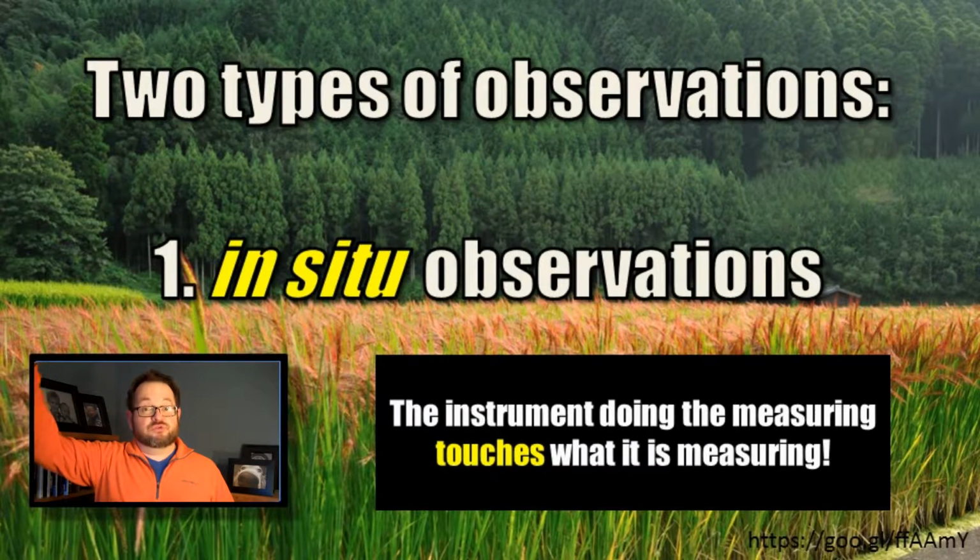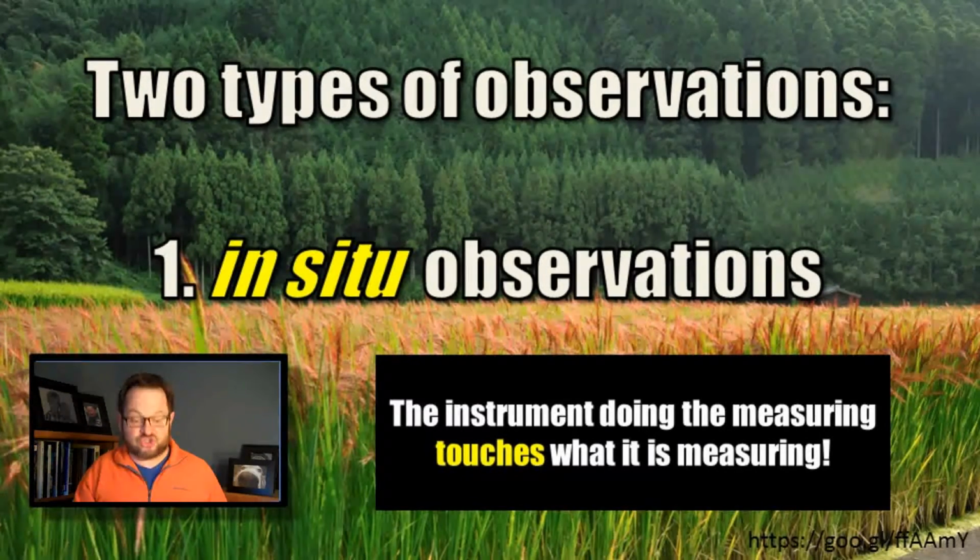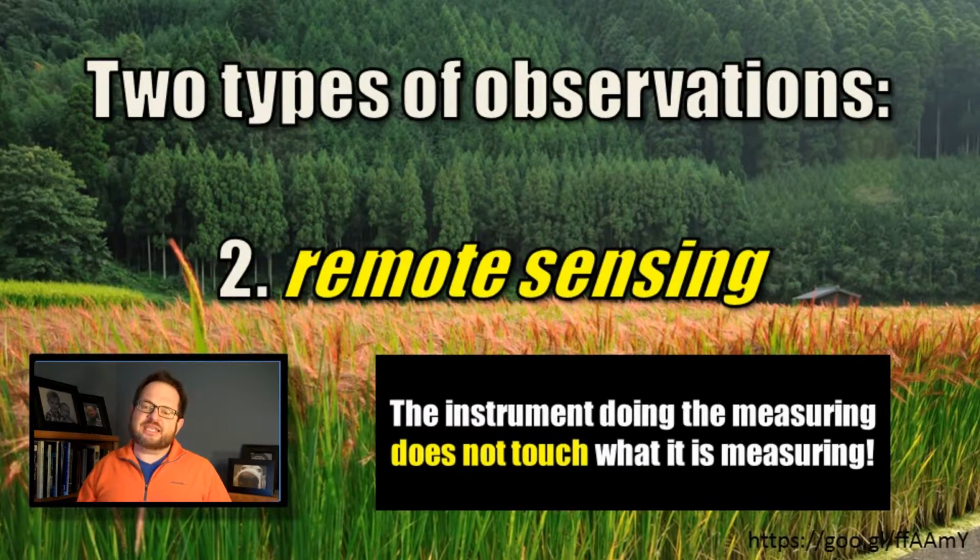We launch weather balloons that carry packages of instruments up into the atmosphere to collect in situ observations. The instrumentation package is touching the air that it is measuring. That is in contrast to a remote sensing observing strategy, in which the instrument that is doing the measuring is not actually touching what it is measuring.